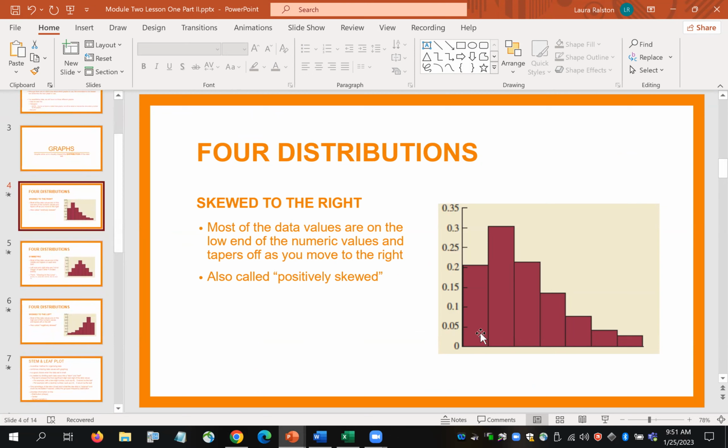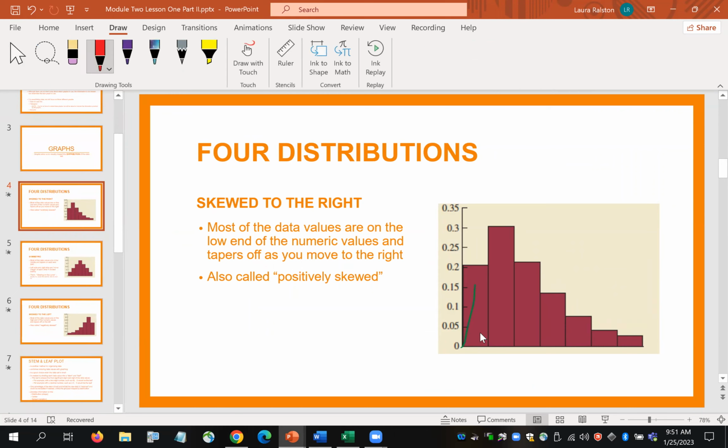For skewed to the right, we said that most of our data values are on the low end and it tapers off to the right. So again, if you look at this histogram on the example that I have on the slide, and think about it again, your hump is on the left-hand side because you have lots of low values and very few on the high end.